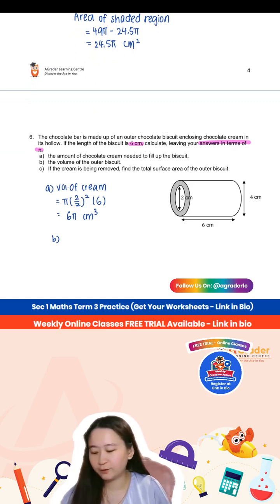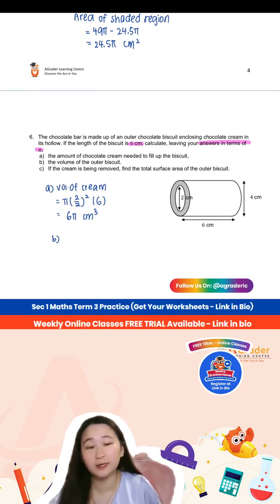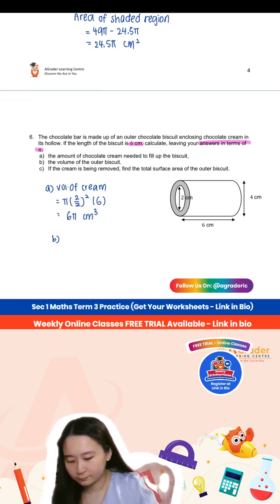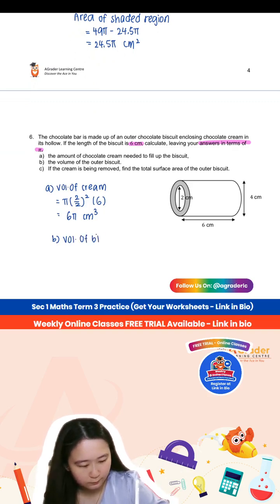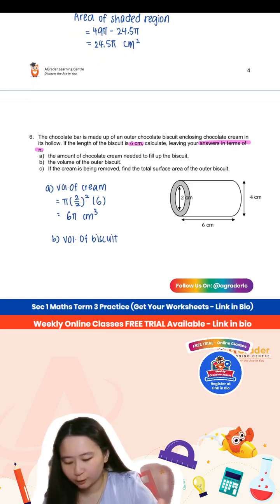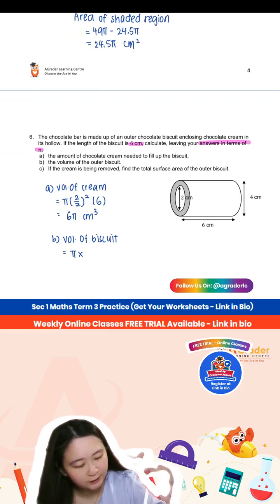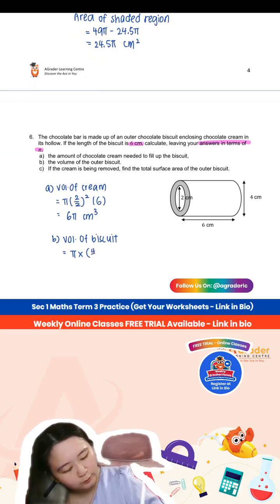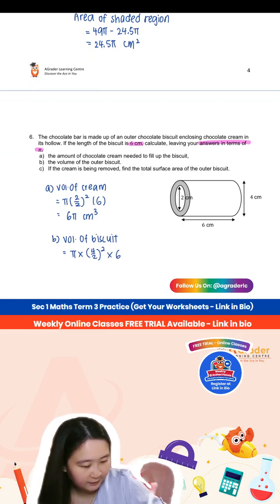Part B, the volume of the outer biscuit. To find the volume of the outer biscuit, we can find the volume of the whole thing minus away the cream. So the volume of the whole is the same thing: pi times radius, which will be 4 divided by 2, squared, times height 6.